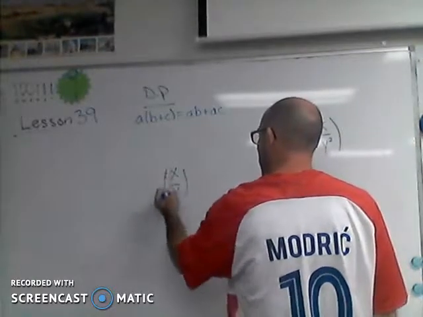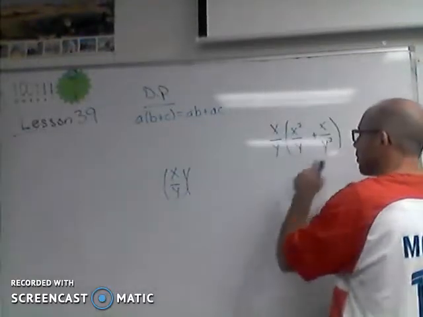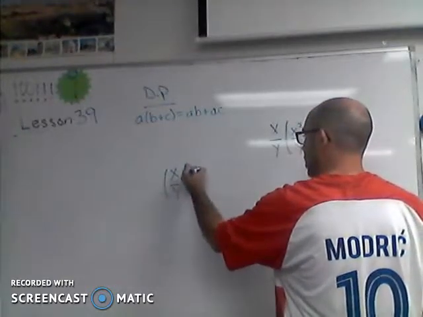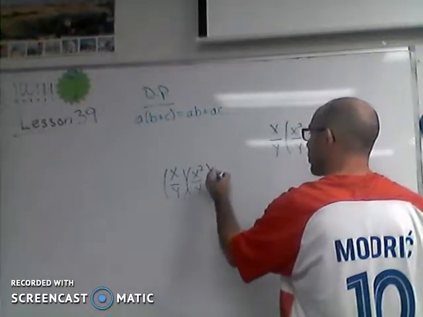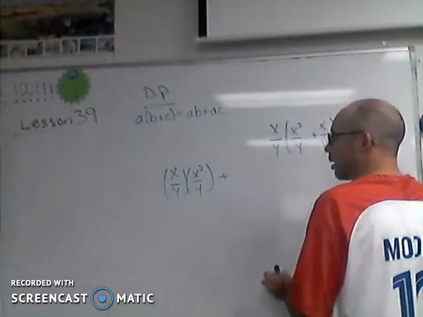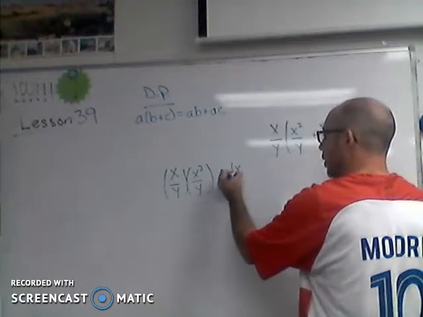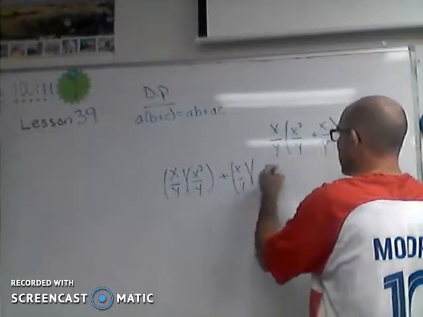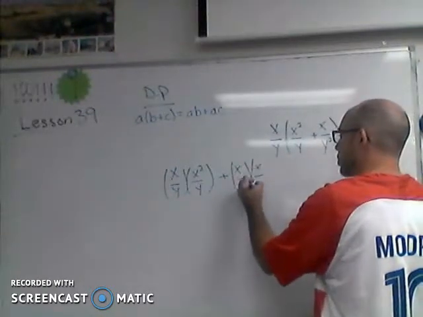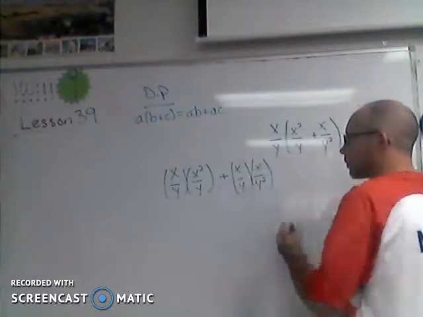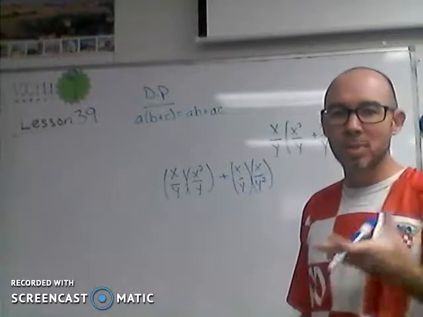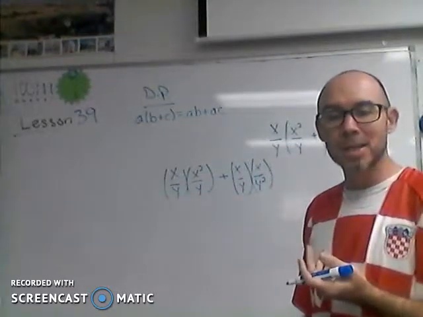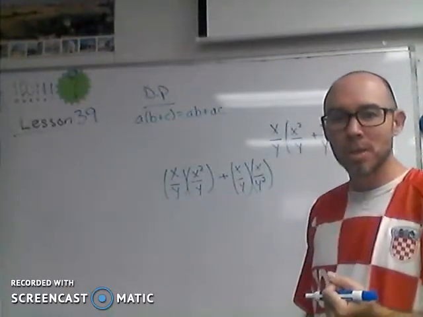X over Y has to multiply through by both of these other terms. So we'll multiply it first by x squared over y, and then we plunk that operation in there. That doesn't go away. And then we'll have x over y again, multiplied by the other one, x over y squared. So this is probably even easier than with the numbers, because now we're just combining these things, okay? We're just smooshing them together.